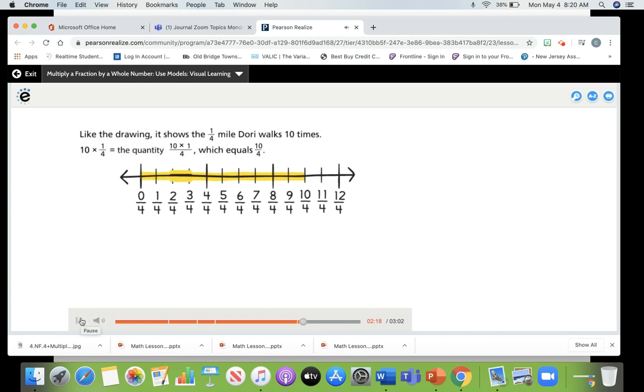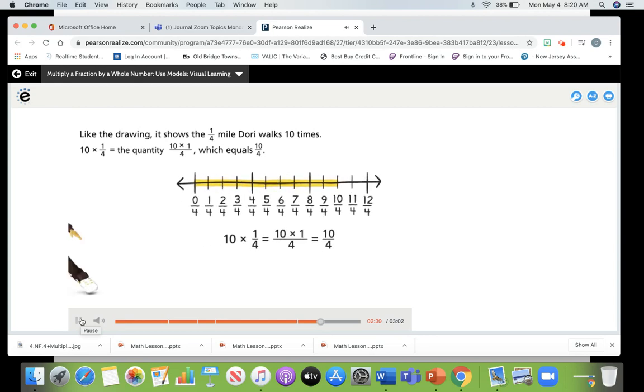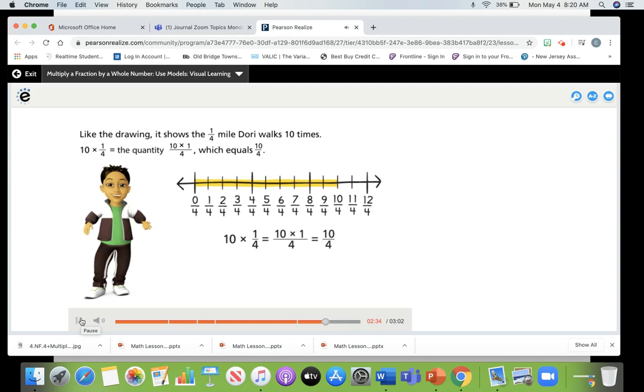Like the drawing, it shows the 1/4 mile Dory walks 10 times. 10 times 1/4 equals the quantity 10 times 4/4, which equals 10/4. Remember, 1/4 is a unit fraction, so 10 1/4 parts are 10/4.